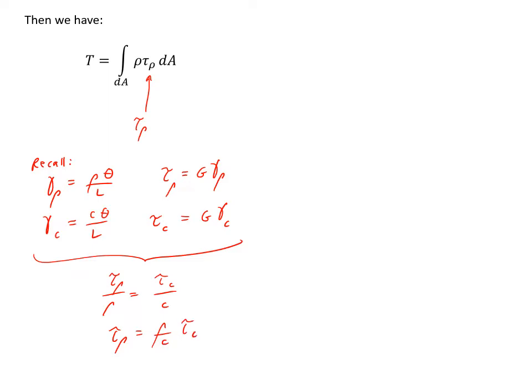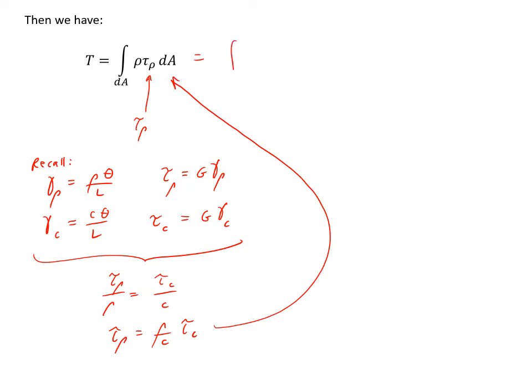And it's going to turn out that that's a more useful expression, because tau C is a constant with radial position rho, and that's going to be more useful for this integral. So let's put that into this integral.